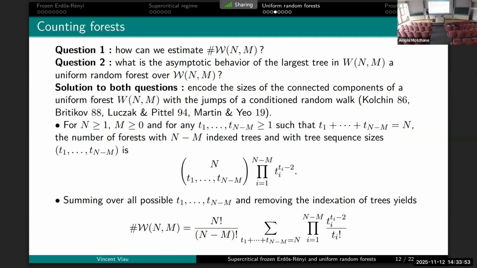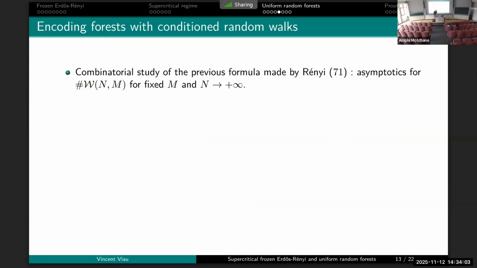So we've got this formula, which is nice, but which is not that easy to study, actually. You can try to study it with combinatorial stuff. And actually, Rényi tried to do this in the 70s using generating functions and things like that. And he gets, for example, asymptotics for these cardinalities as n goes to infinity, but only for m fixed. Okay, so this is nice, but actually we want to have some more general results.